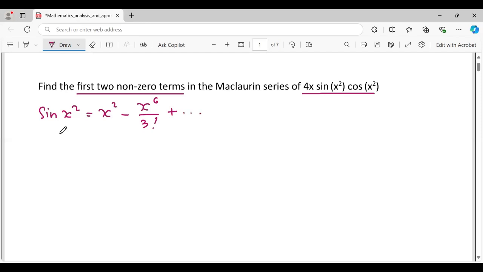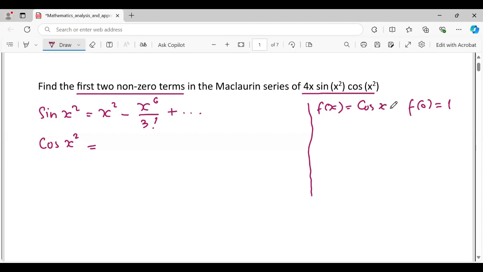So how about cosine x squared, the Maclaurin series of cosine x squared? For cosine x squared, I will discuss first if f(x) is cosine x, then f(0) equals 1 because cos 0 equals 1.